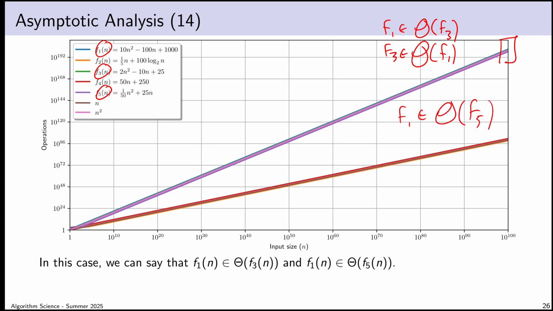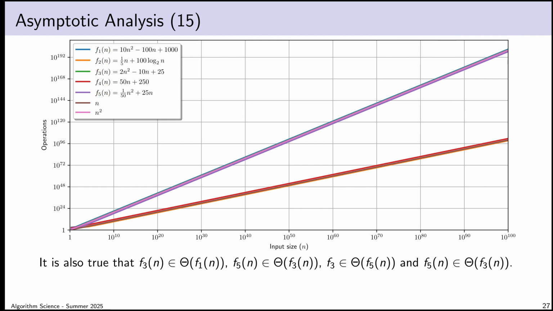And like any other equal sign, if A is equal to B, then B is equal to A. So if F1 is big theta of F5, then F5 is big theta of F1. The slides say the same thing, typed out nicely. So F3 is big theta of F1, F5 is big theta of F3, F3 is big theta of F5. There are lots of combinations you can make here. They're all members of the same family. They all share an equal sign with each other.